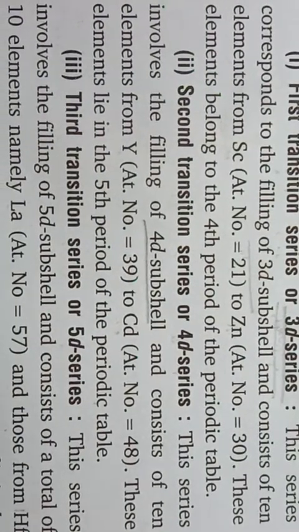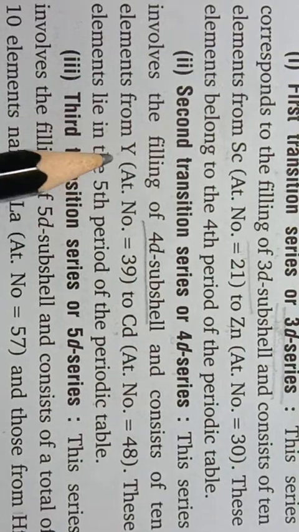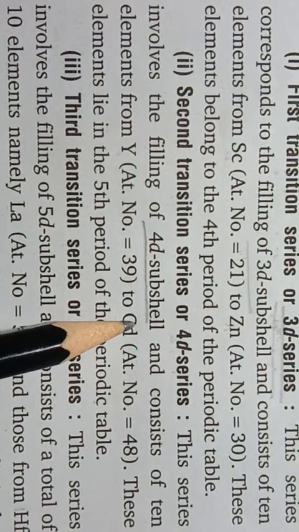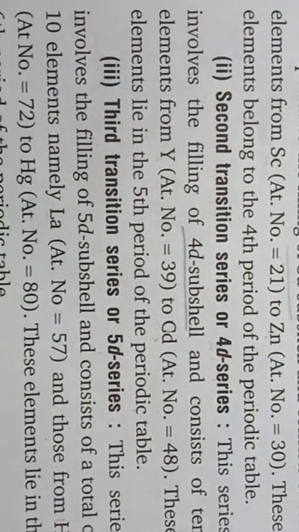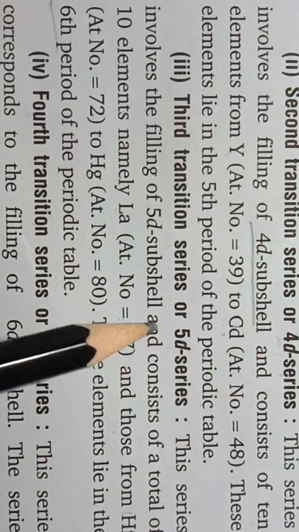Then second transition series, also known as 4D series, and this is having elements from yttrium to cadmium. Okay students, then third transition series or 5D series.